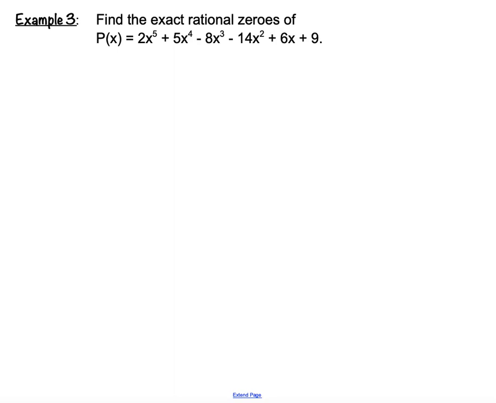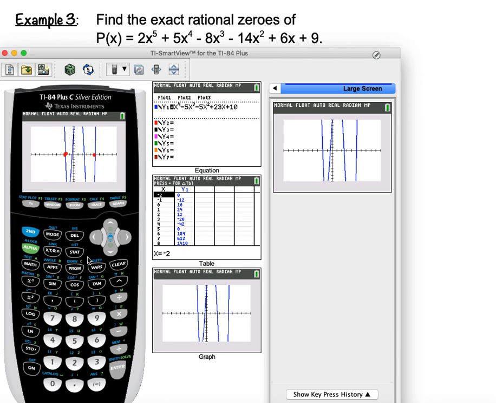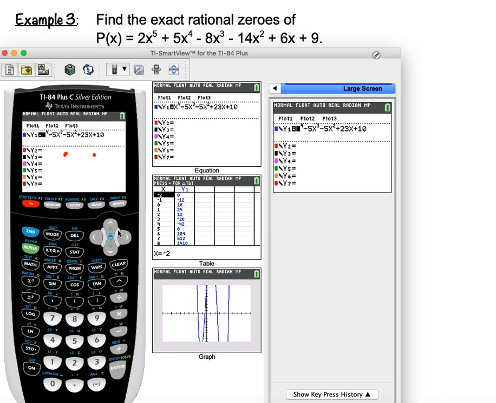All right, so now let's go ahead and look at this next example here. So again, we can put this whole thing into our graphing calculator. I'm going to clear this out of here.